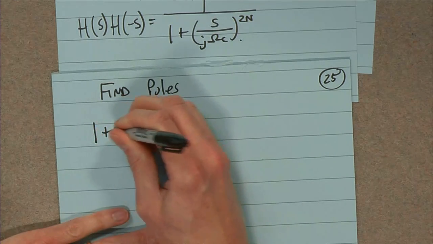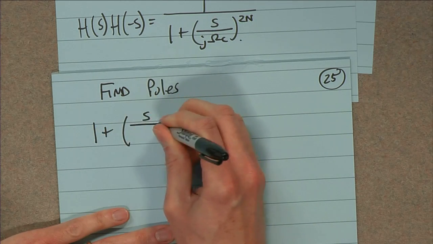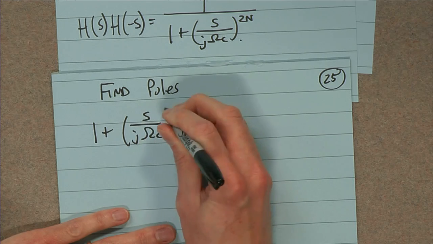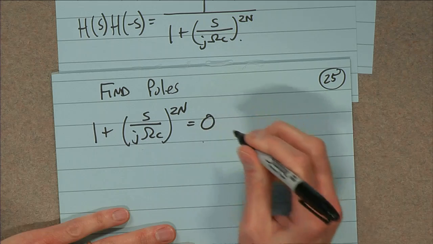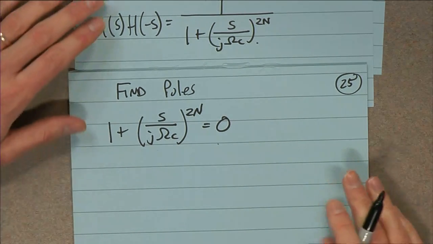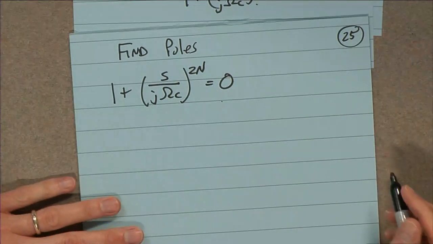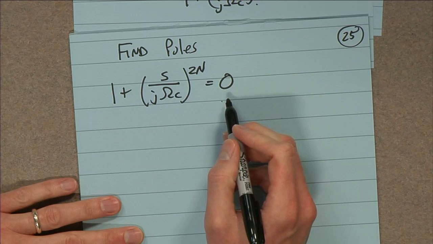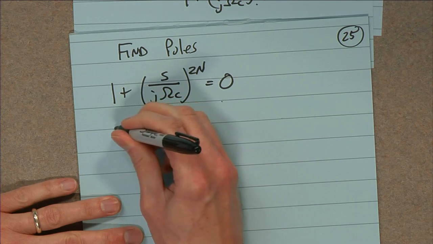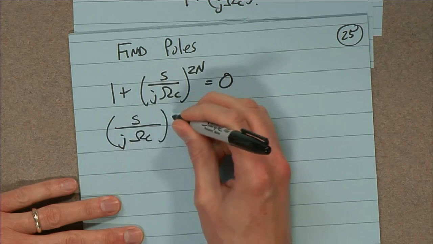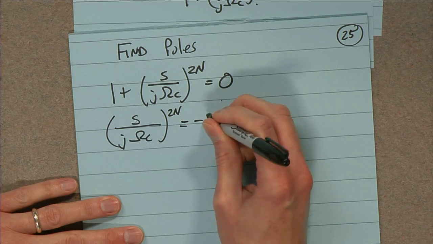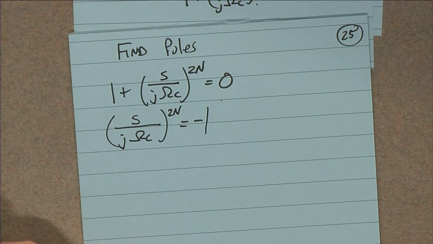So we've got 1 plus (S over j omega c) to the 2n equals 0. So we can move the 1 over and end up with this expression. And this should probably remind you of, didn't we do this before with those roots of unity?